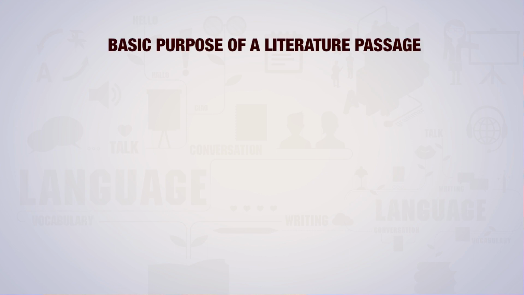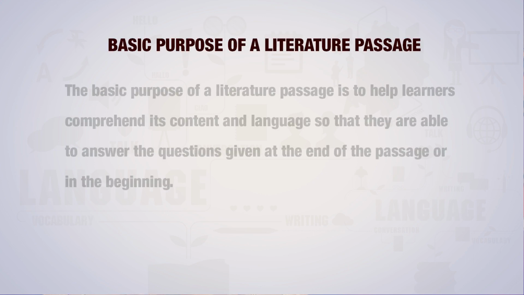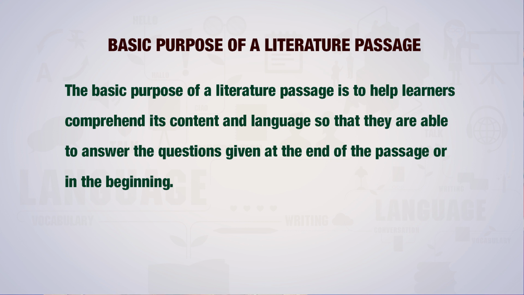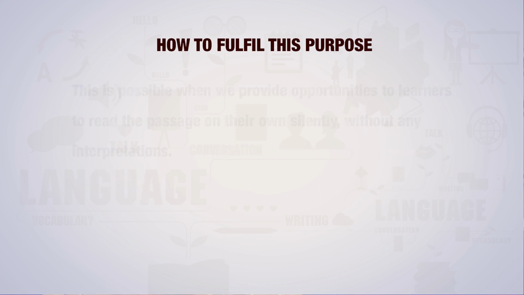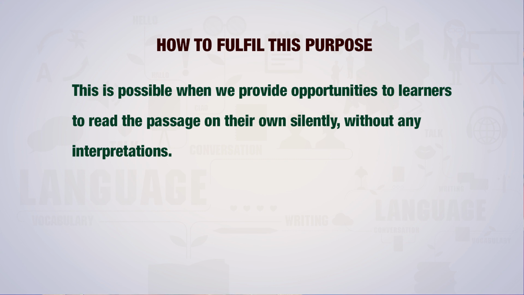The basic purpose of a literature passage is to help the student to understand number one, content, and number two, language, so that they can finally answer the questions given at the end of the passage or at the beginning of the passage. This will be possible when we provide opportunities to learners to read the passage silently on their own without any preconceived notions or pre-given interpretations.